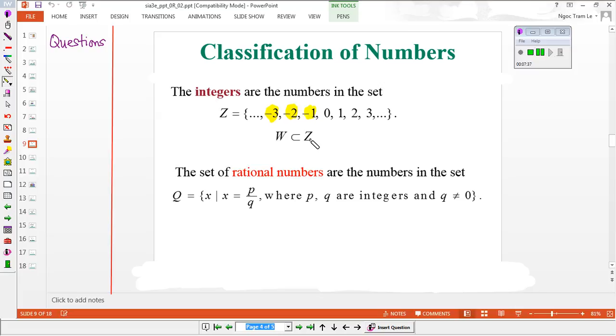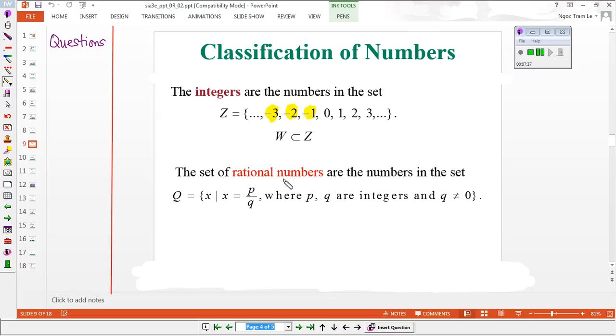So basically whole numbers are a subset of integers, and we use the capital letter Z. So that's why when we assign your seats, we assign using the set of numbers. We start with N for natural numbers, W for whole numbers, and Z for integers.